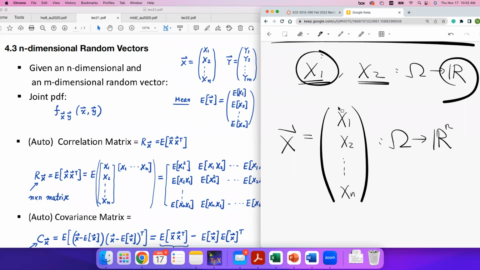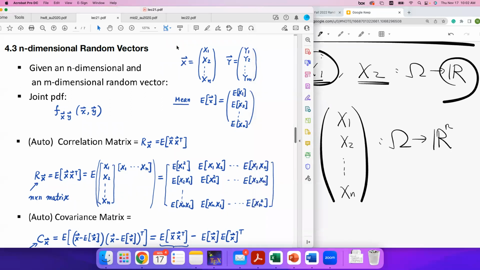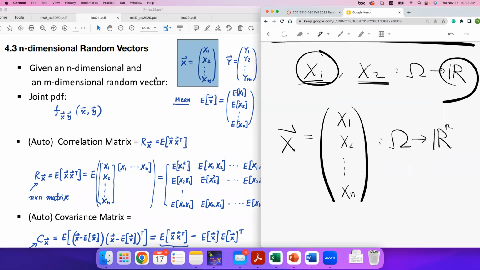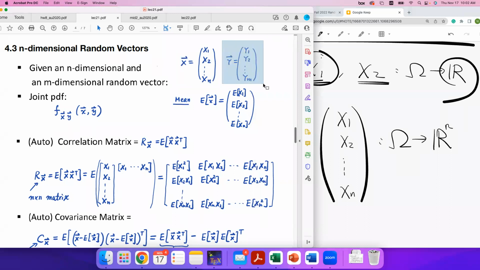So all these numbers get together and become a vector. This is how we write these random vectors, and we will use these notations throughout. So this x is a random vector, and this y, again, is another random vector.